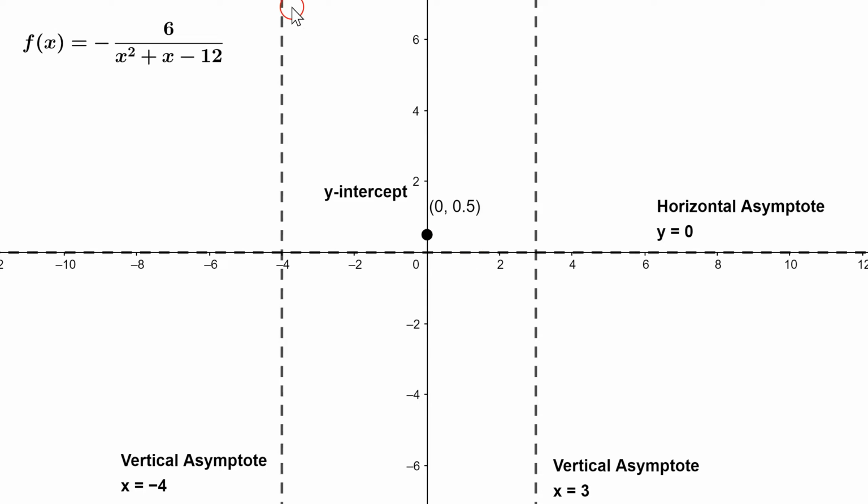Therefore, we know the graph has to start up here. It's going to come down, turn around, and then go back up again. We don't know exactly where it's going to turn around, but we know it doesn't cross the x-axis. So let's graph that region. And there's our graph.